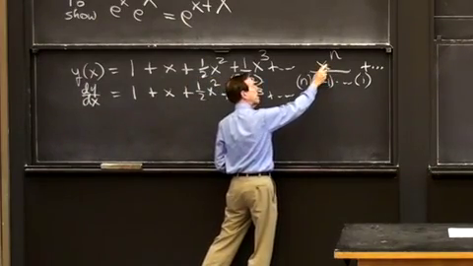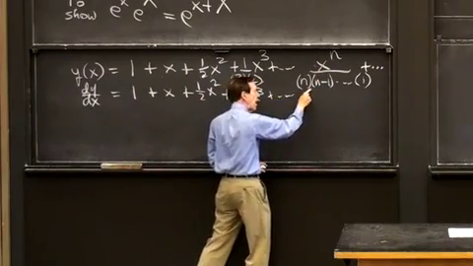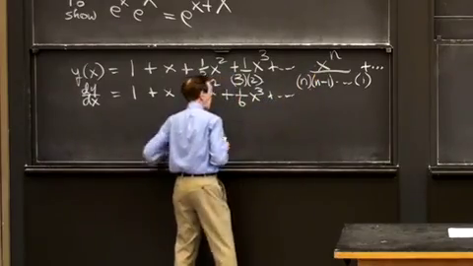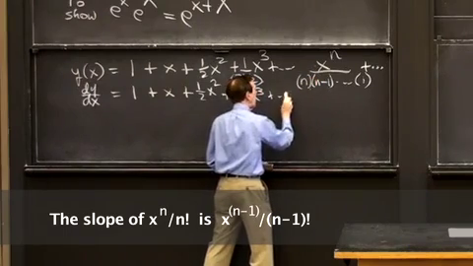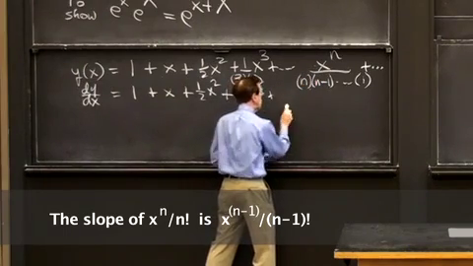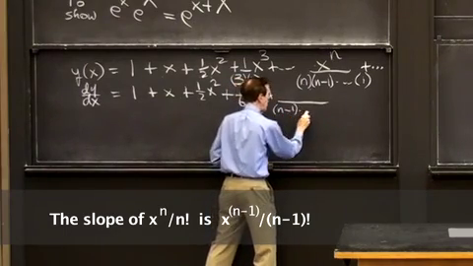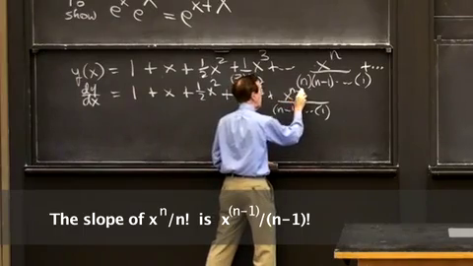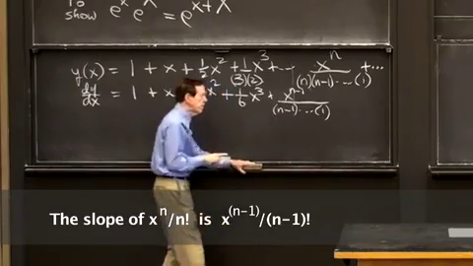Because when I take the slope of x to the nth, an n will come down, cancel that n. I'll have 1 lower power. Do you see when I take the slope of this, the n will cancel the n, so I'll still have these other guys down below, and I'll have x to the n minus 1, and that will be x to the n minus 1 over n minus 1 factorial.